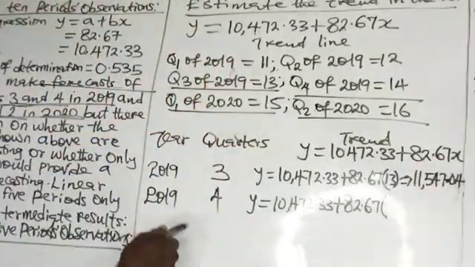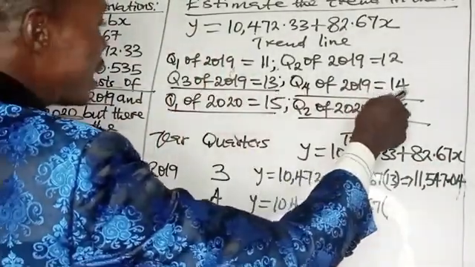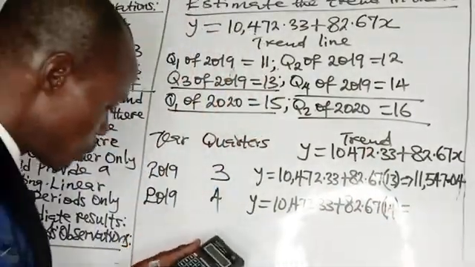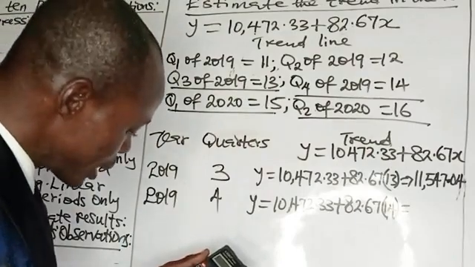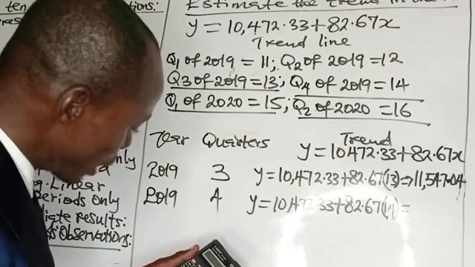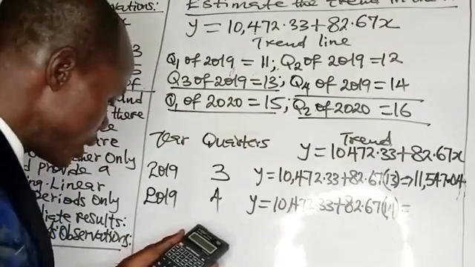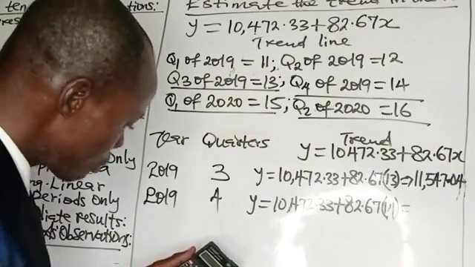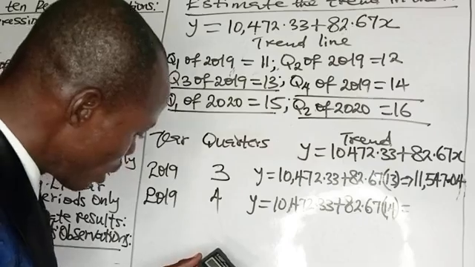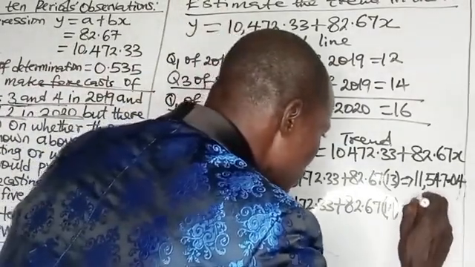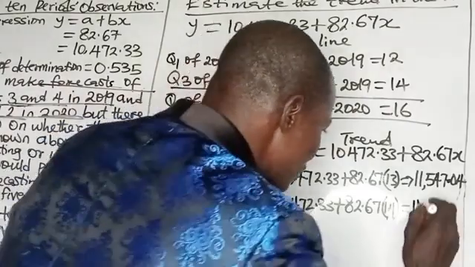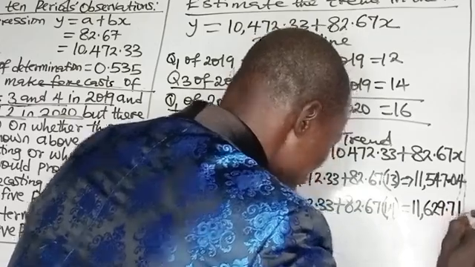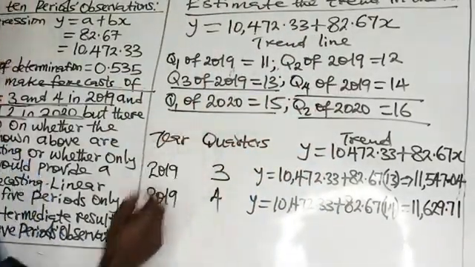And our x for the fourth quarter of 2019 is 14. 82.67 times 14 gives us 1,157.38 plus 10,472.33. We have 11,629.71.